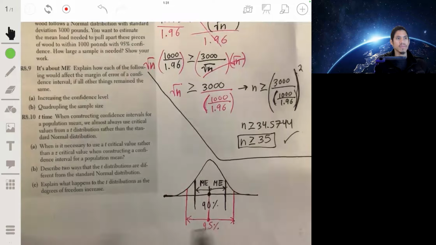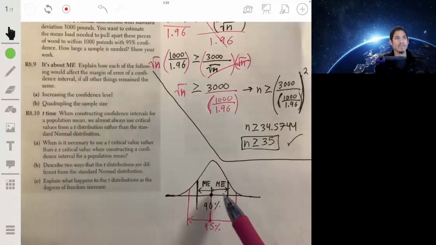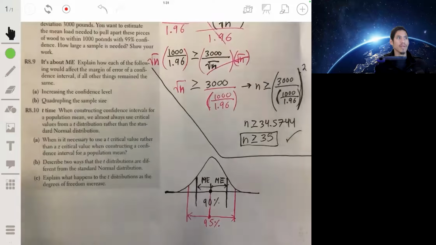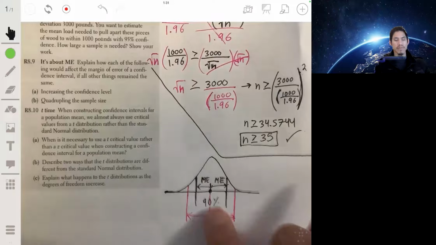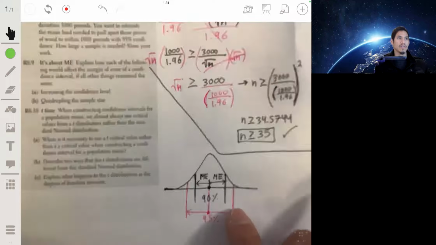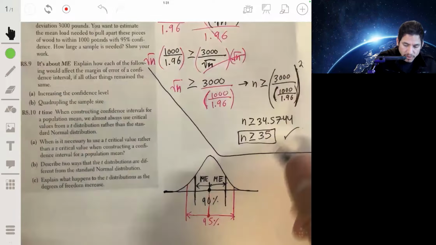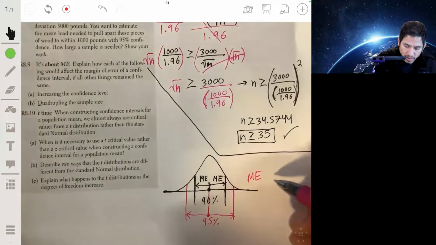So everything else being equal, assuming that you have the same sample size, the same sample proportion or sample mean, whatever, the margin of error gets bigger as you increase the confidence level. So you can say margin of error increases.